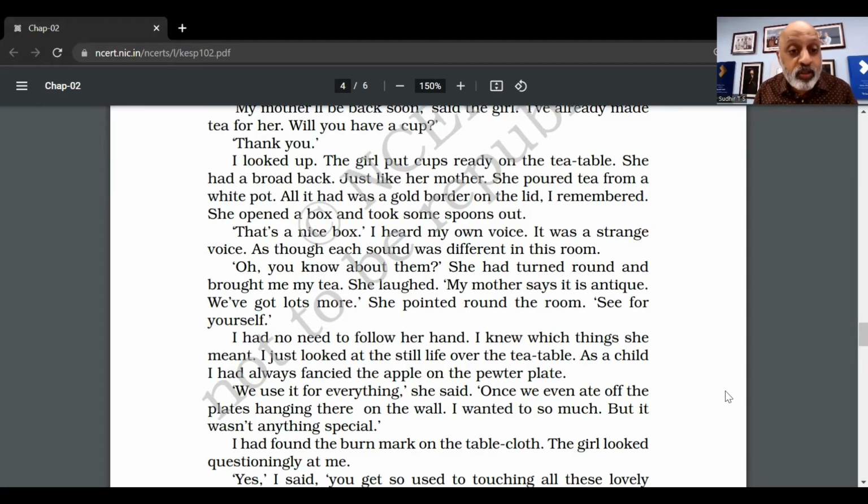She opened a box and took some spoons out. That's a nice box. I heard my own voice. It was a strange voice, because she's kind of pointing out things which belong to her, but she's not feeling comfortable with that kind of interrogation, making statements like, I recognize this box, as though each sound was different in this room. She was not feeling at home.